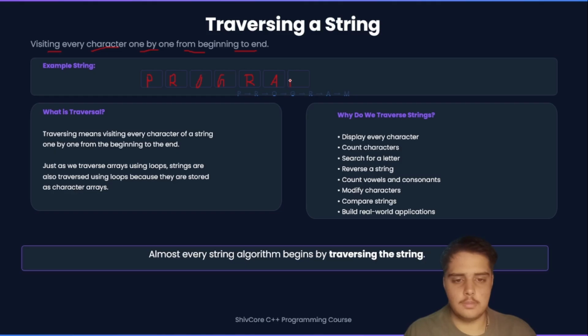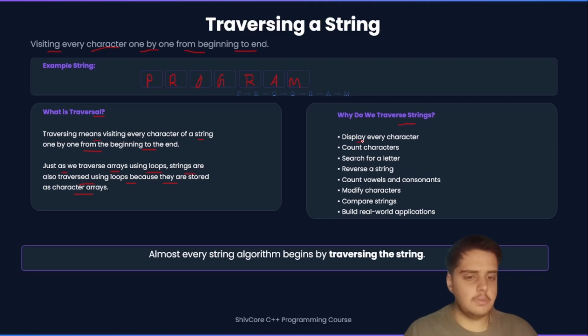Traversing means visiting every character of a string one by one from beginning to end. Just as we traverse arrays using loops, strings are also traversed using loops because they are stored as character arrays.